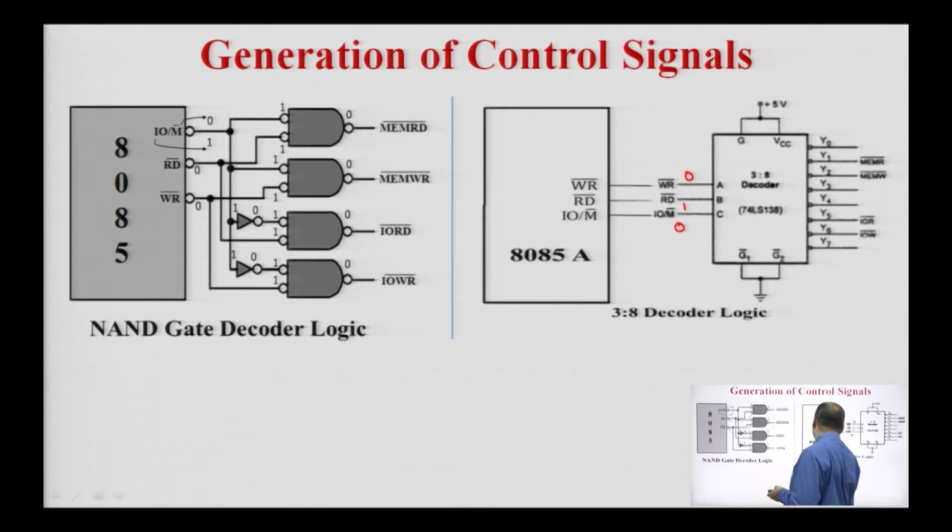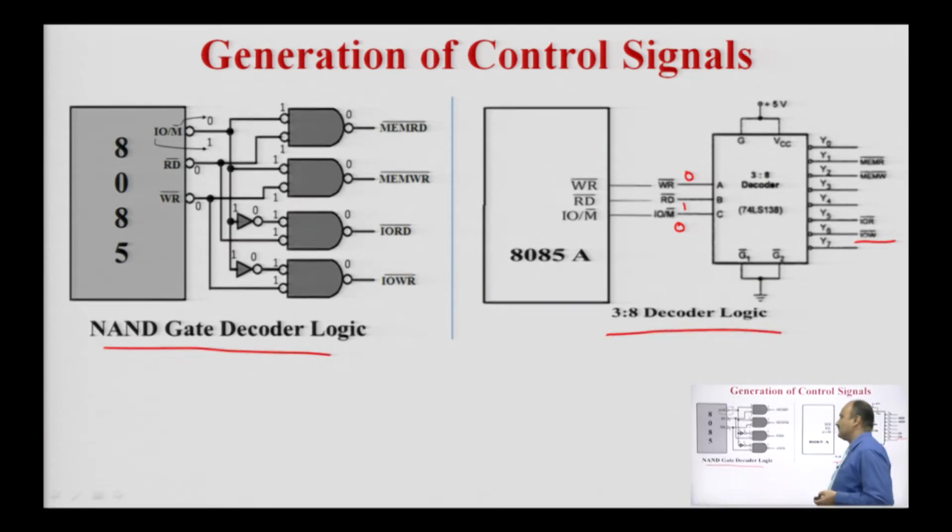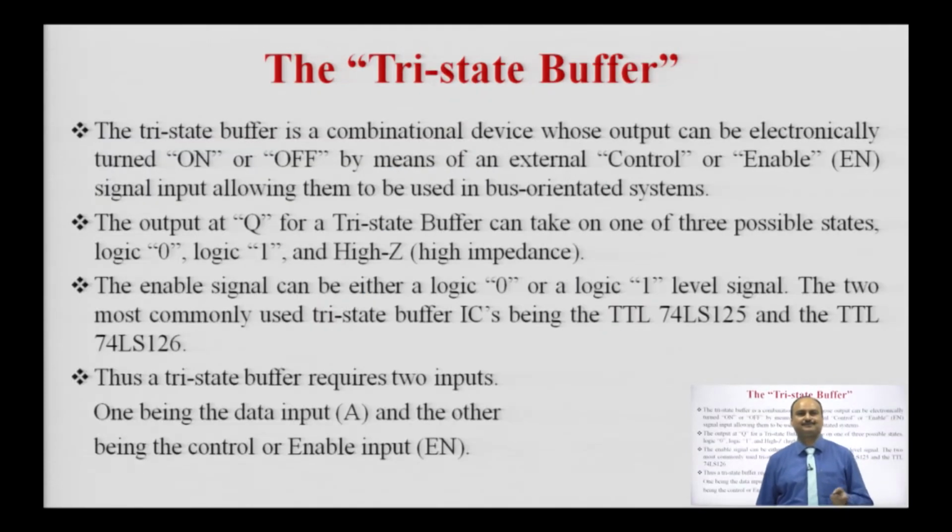Similarly, for the input output write control signal, the combination is 1, 1, 0, that is the output Y6 gets activated, and it gives the input output write control signal. This way we generate the memory related and input output related control signals with the help of NAND gate decoder logic and 3:8 decoder logic, along with the 3 inputs, that is input output or memory, read control signal and write control signal.